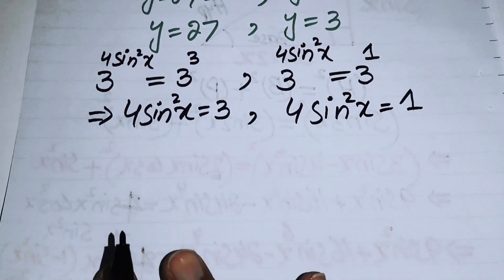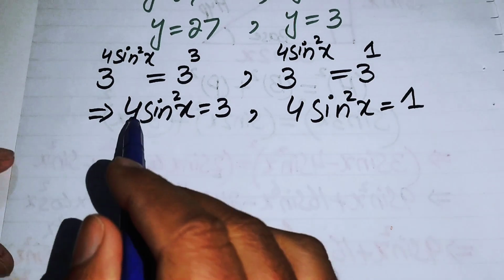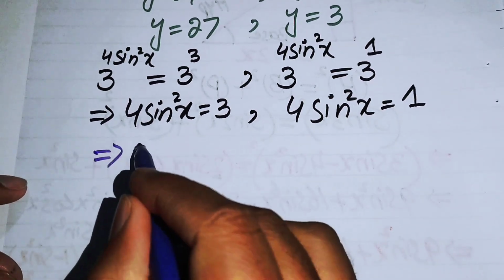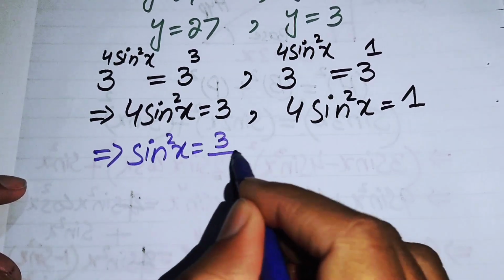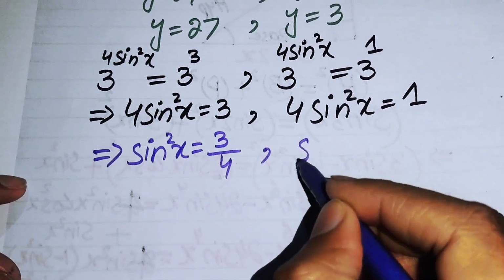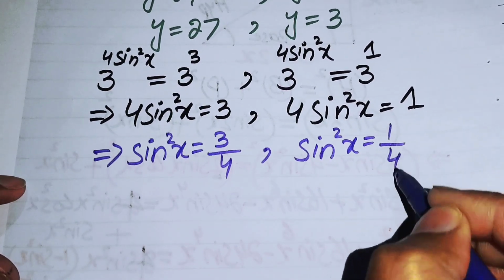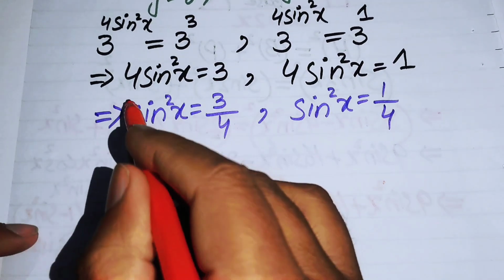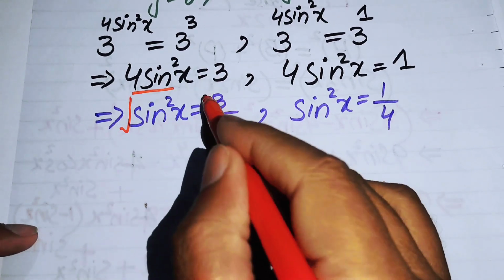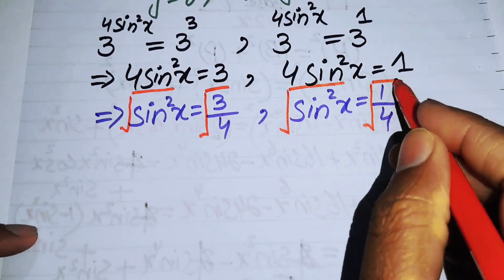In the next step, we move this 4 to the right hand side and you get sine squared x equals 3 over 4, and here you get sine squared x equals 1 over 4. Now we find the value of x, so we will take the square root on both sides in both of these cases.